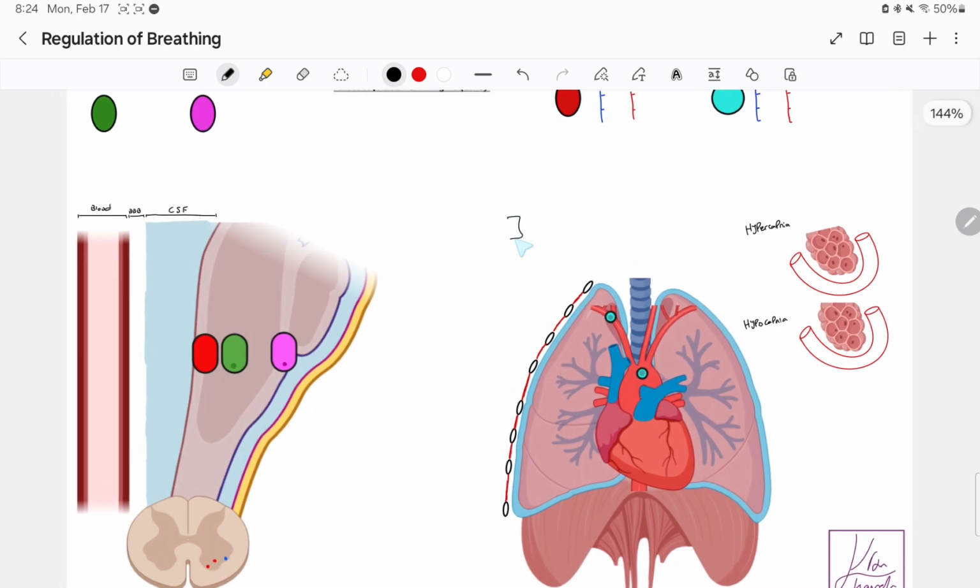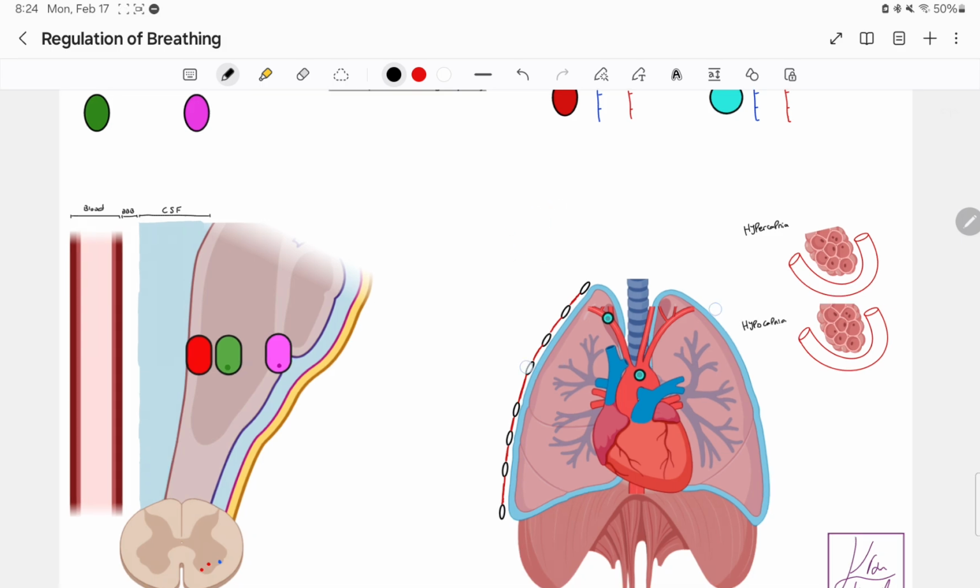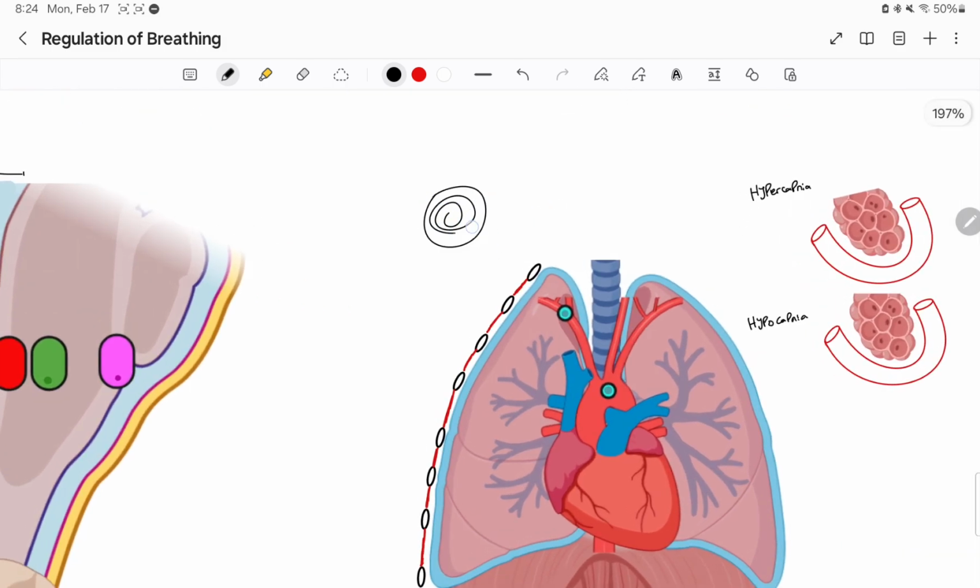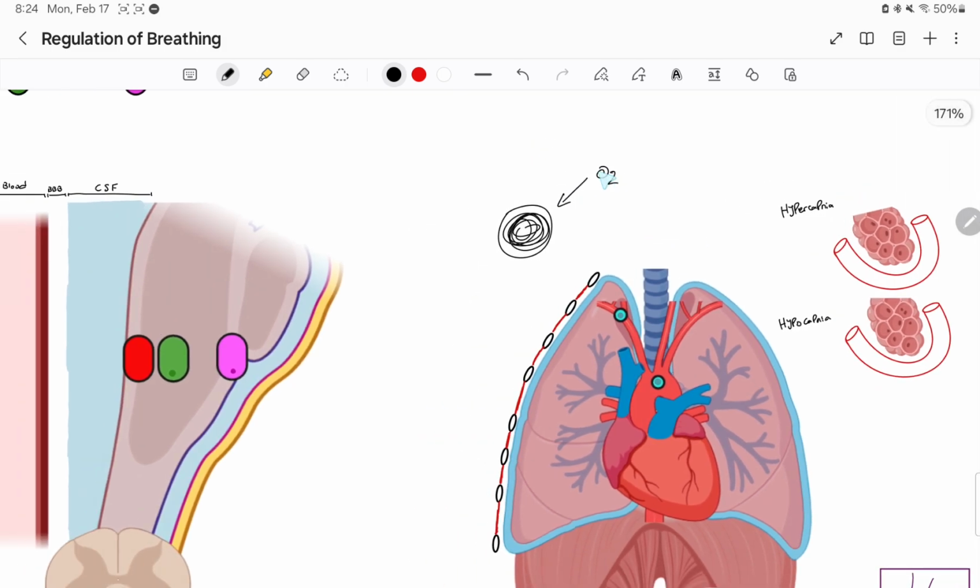So very briefly, a receptor, okay? Let's say here's a receptor right here. This guy's a receptor. A receptor is very frequently coupled to a nerve, okay? Let's actually draw it like this. Here's a receptor, and this guy is picking up oxygen, the concentration of oxygen. If the concentration of oxygen is low, this receptor, which is again coupled to a nerve, right?